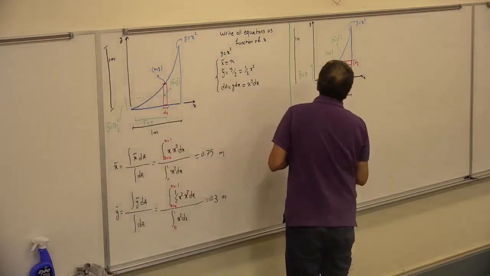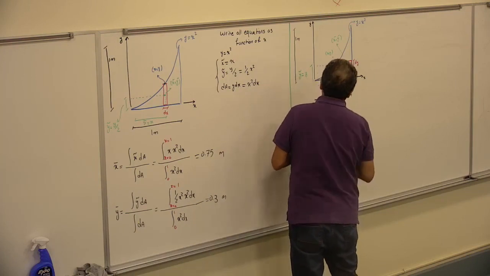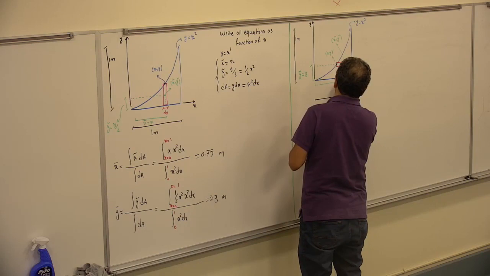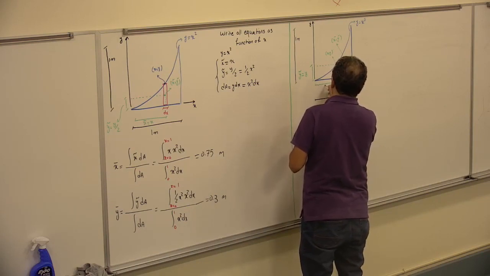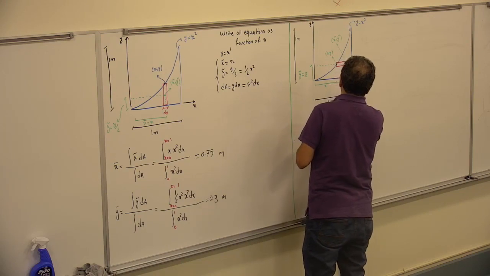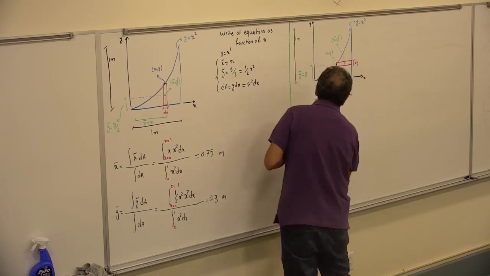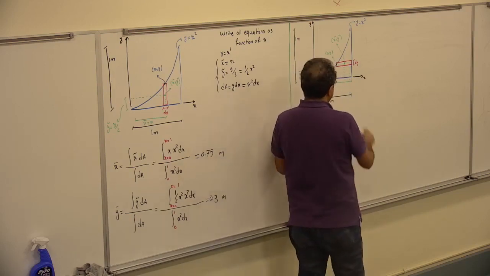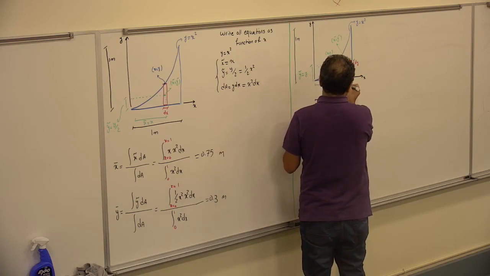So, put it this way. From here to here, how much is that? It's x. From here to here, one minus x. 1 minus x.